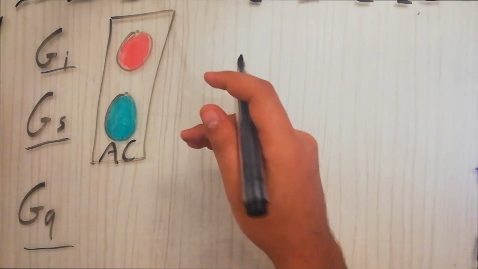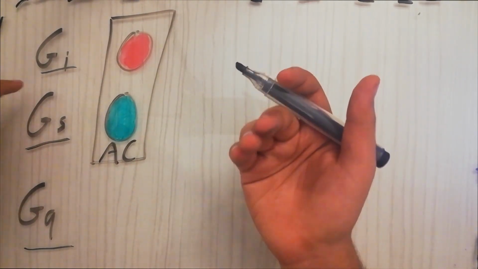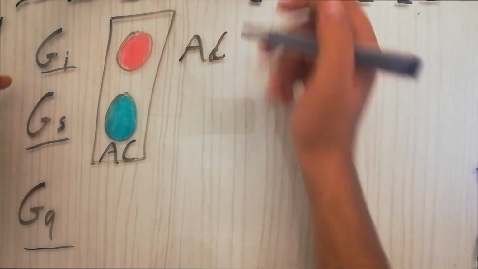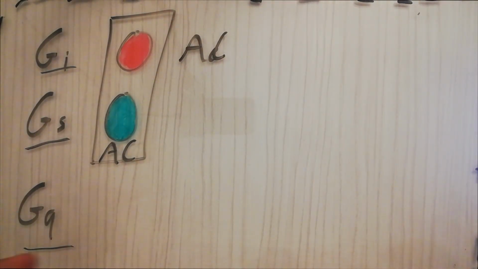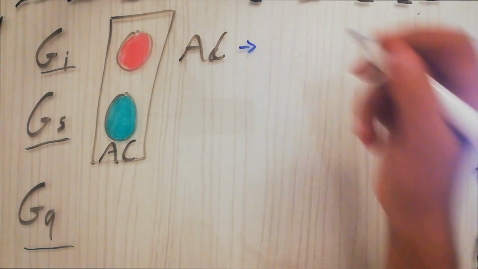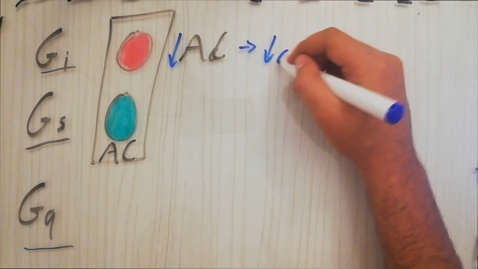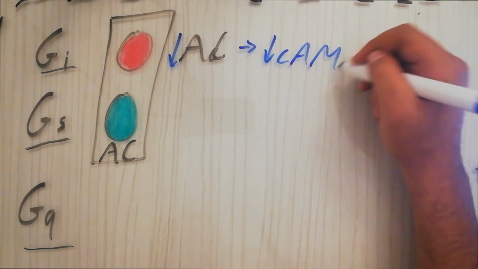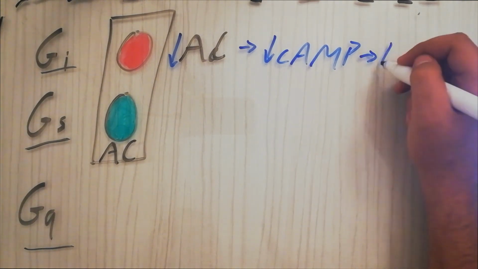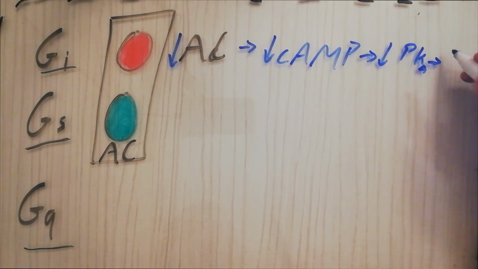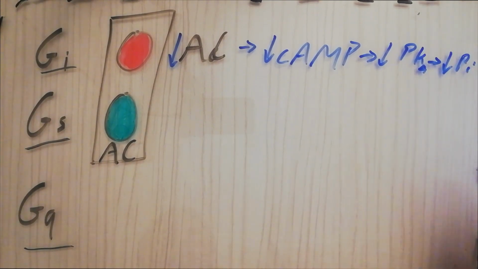So if you can see this drawing in the same color as I do, Gi inhibits adenylyl cyclase. And if you remember from the previous slide, you should recall by now that less adenylyl cyclase would lead to less cyclic AMP and lead to less protein kinase A, thus leading to less phosphorylation.